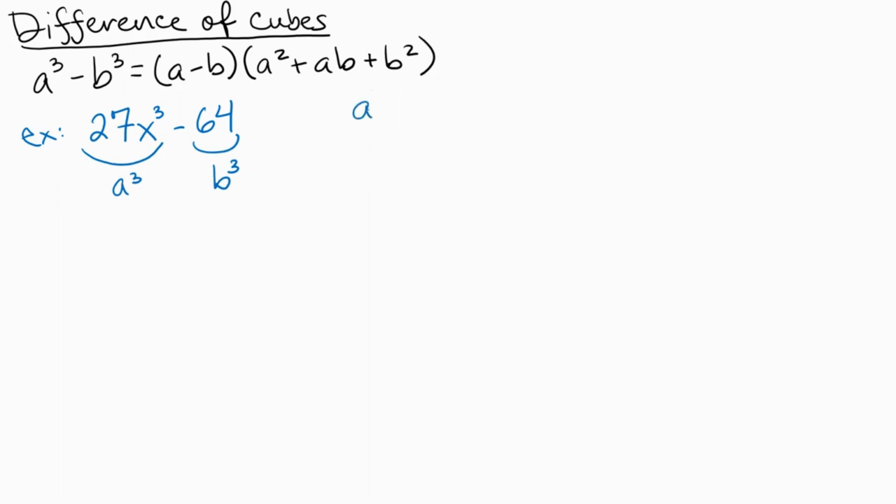So I'm going to rewrite it. a cubed is equal to 27x cubed. And so we're going to take the cube root on both sides. On the left, the cube root of a cubed cancels out, so we get just a. On the other side, we have to figure out what the cube root of 27 is.